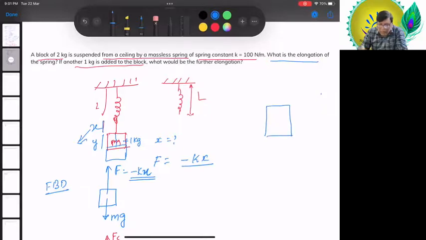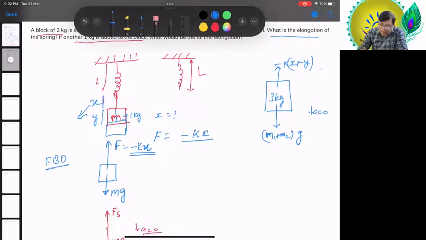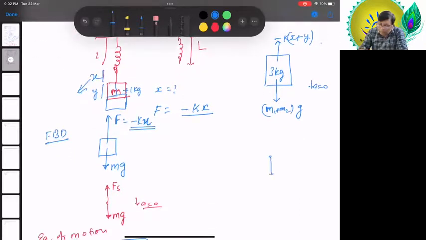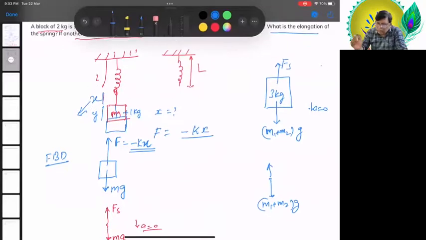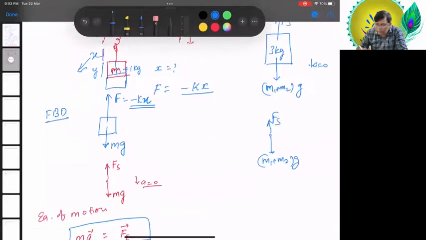the mass is now 2 plus 1, 3 kilogram. So the force will be (m1 plus m2) into g, and this will be k into (x plus y). Again acceleration is 0. So we will draw the FBD according to this: (m1 plus m2) g downward, and the spring force acting upward.